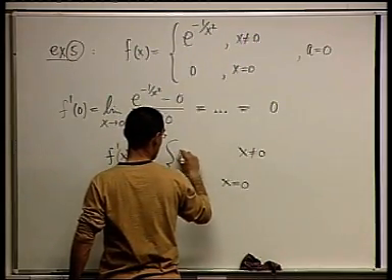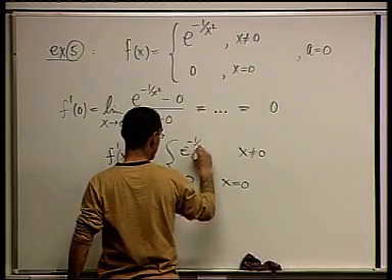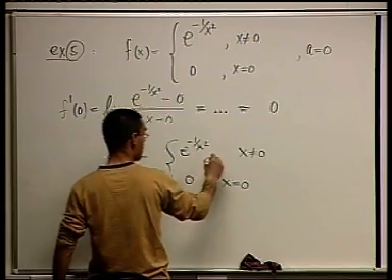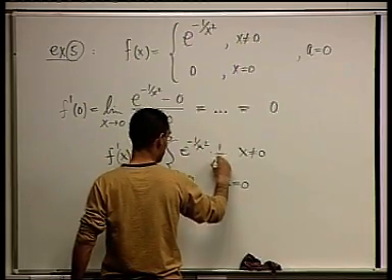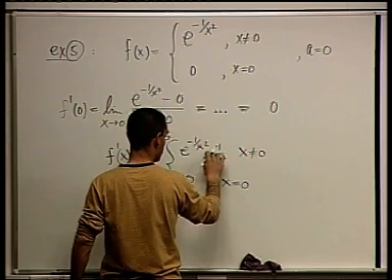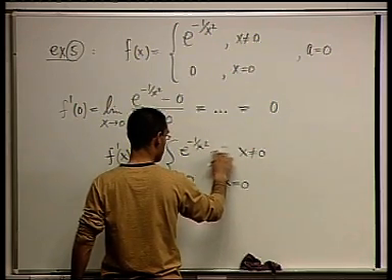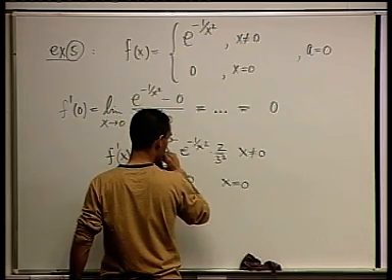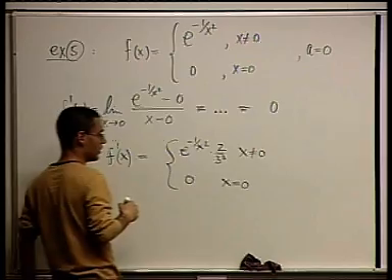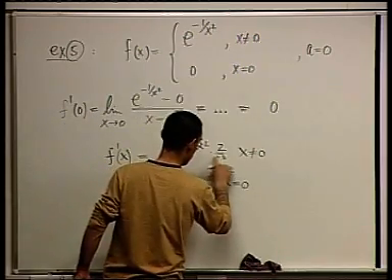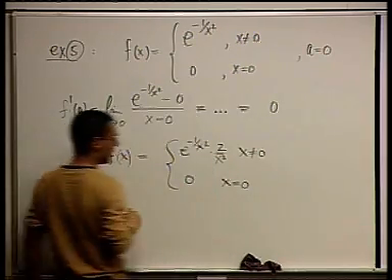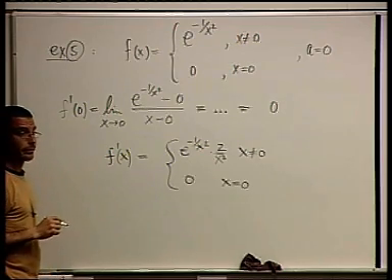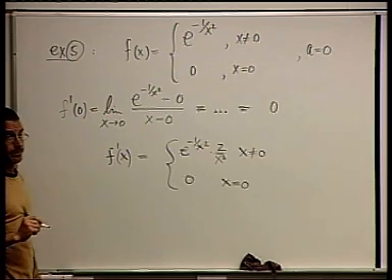It's e to the power negative 1 over x squared times the inner derivative, which is 2 over x to the power 3, right? Is there a minus? No, because the minuses cancel. Not 3 to the power 3. No. x to the power 3. Do you agree? So this is f prime.